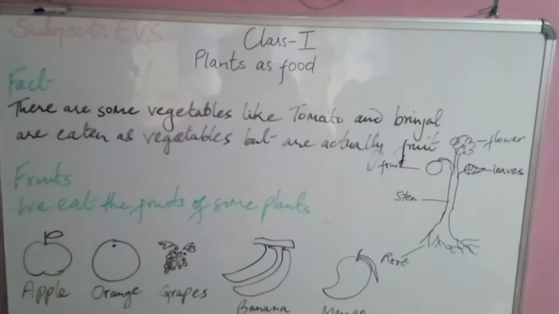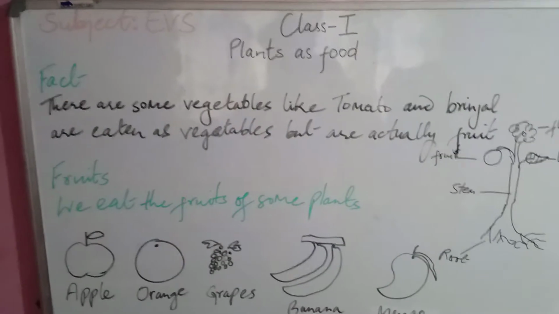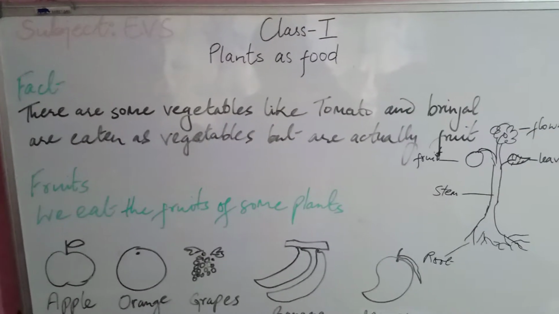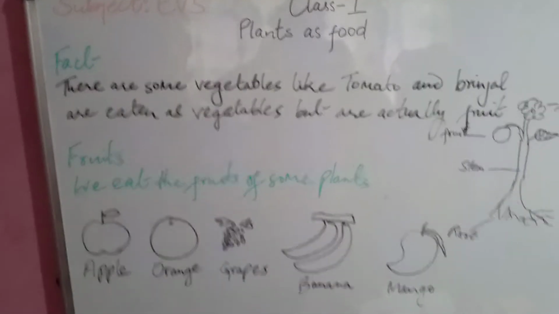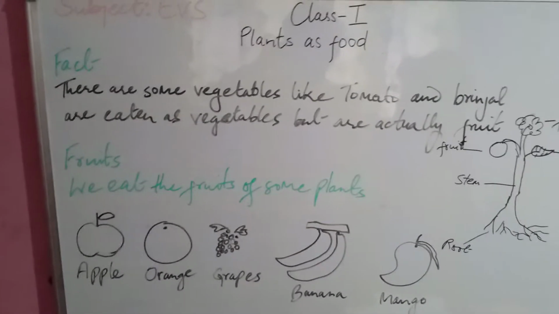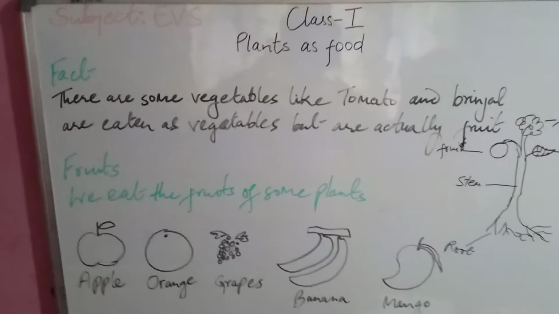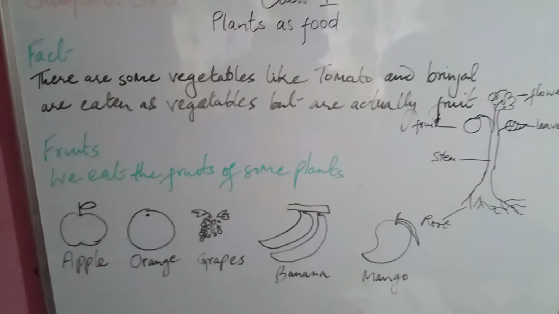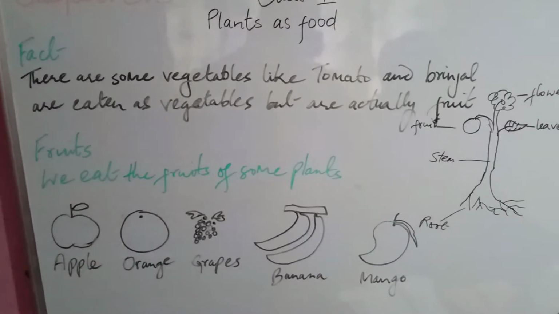What you have to know is that some vegetables like tomato and brinjal are eaten as vegetables but are actually fruits, which is an amazing fact. We consider tomato and brinjal as vegetables, but actually they are fruits.